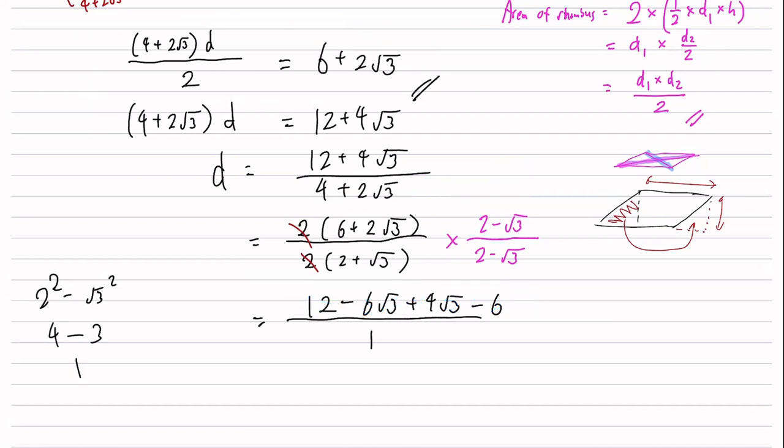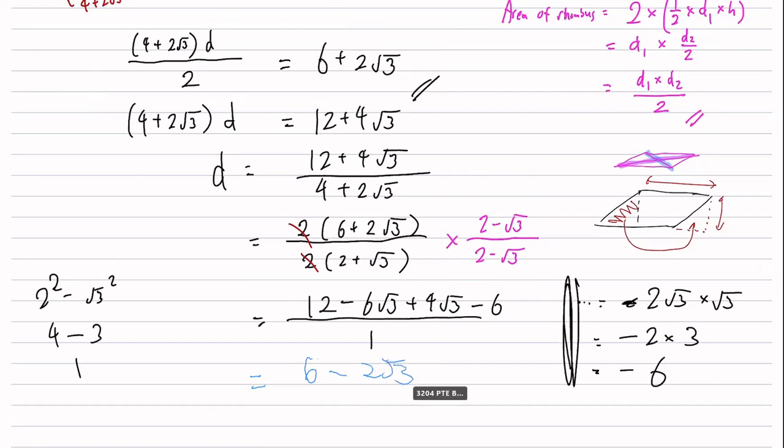Negative 2 root 3 times root 3 is just minus 2 times 3, which is minus 6. Then simplify. Minus 2 root 3. Yep, correct answer. Okay, good.